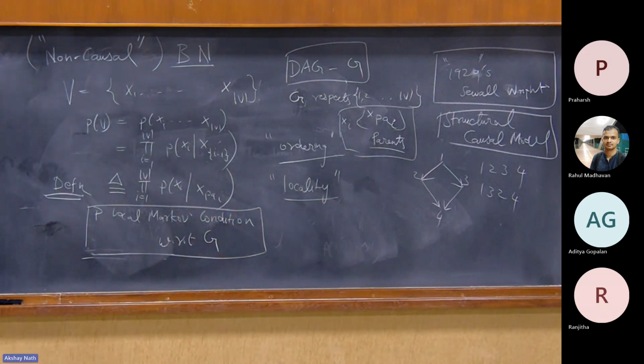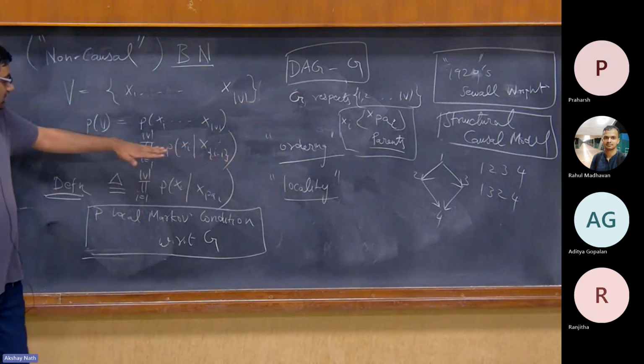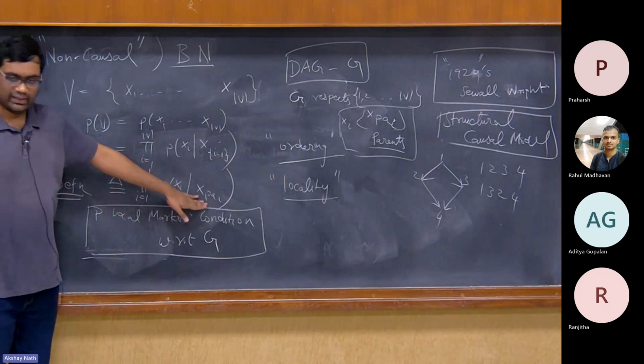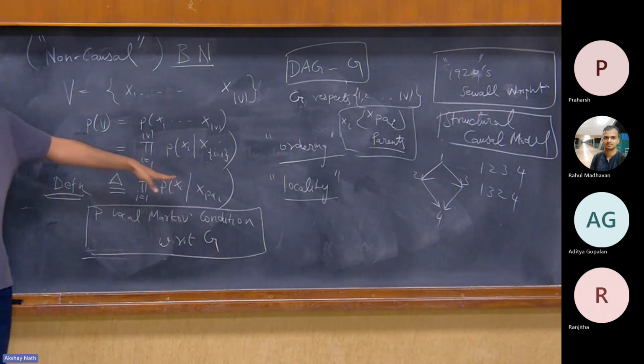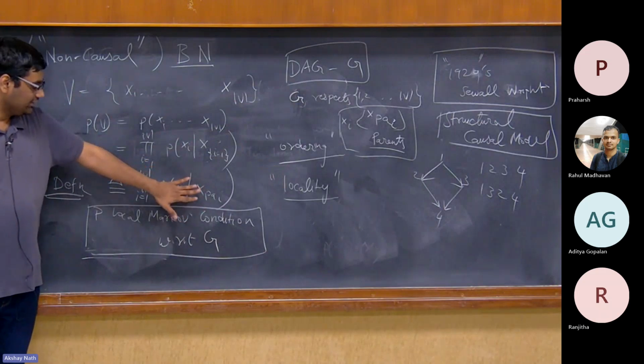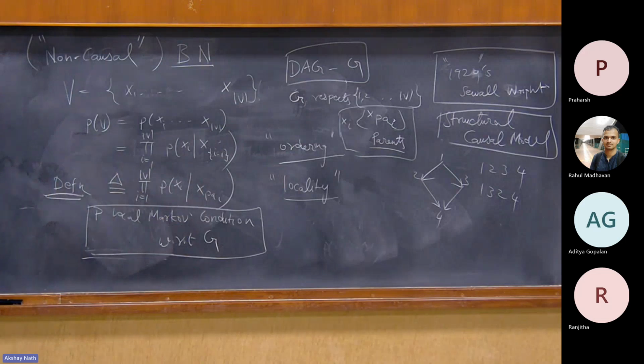All I'm saying is that there is some ordering. You take a G that's consistent with the ordering, then I sparsify it. So it means the joint distribution does factorize this way. And the moment I say it, I'm just saying that P is Markov with respect to G. That's all. This is a definition.